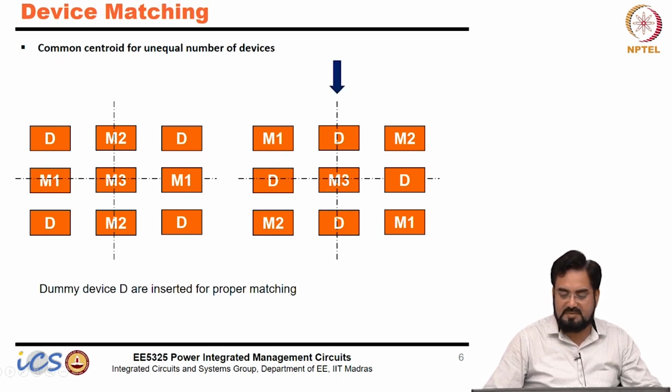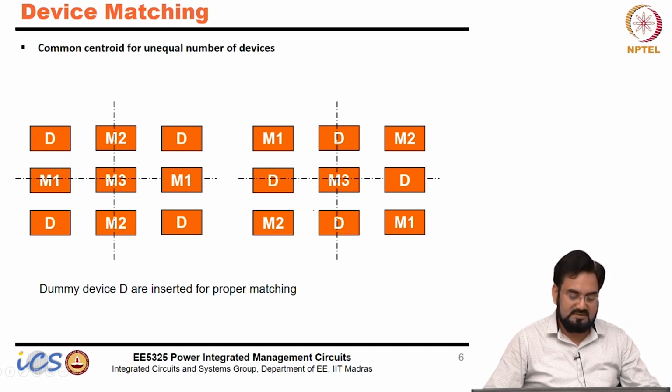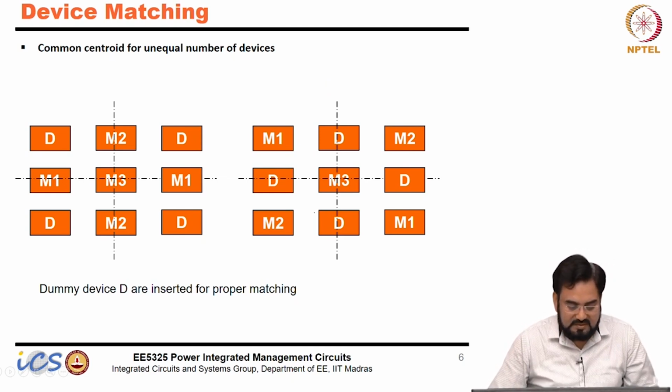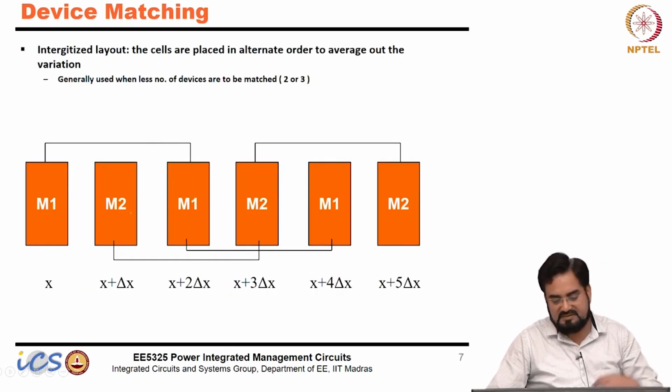Another option would be to draw a diagonal from M2 to M2, M1 to M2, M1 to M1, and again it will cross at the center. If you have any holes here, we try to make it uniform by putting in dummy devices. Dummy devices are exact copies of the same device, but not connected to any signal. That's why we call them dummy.